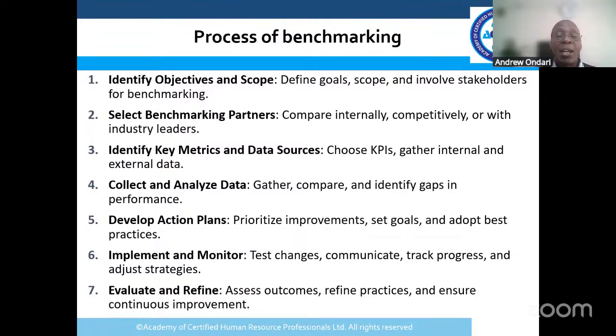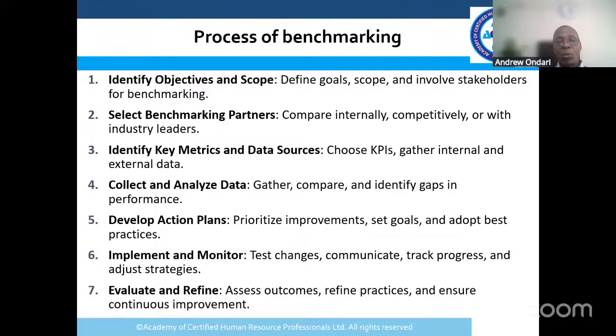We must get a correlation, a relationship between the different factors that are affecting our performance. And that's why we need to be specific in determining these metrics. And those are the KPIs we are talking about.